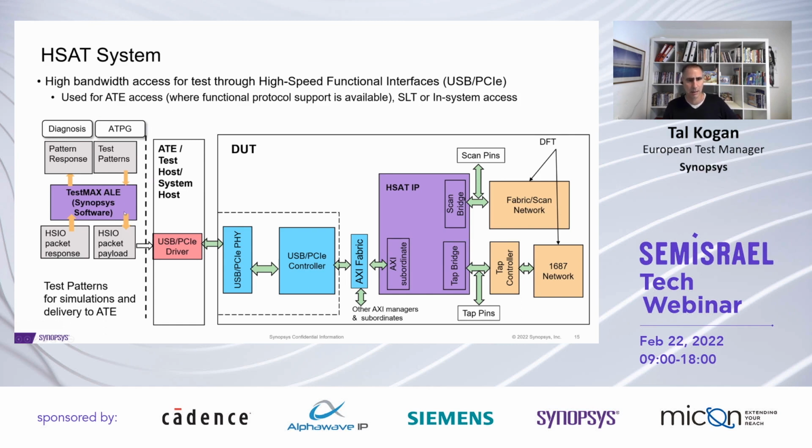But then this data gets driven by the tester through the high-speed interface, whether it's USB or PCIe, into the DUT, as I showed you before. And then the same translation goes again here between the HSAT IP and the test network. So all of this is done here from the tester to your DUT.